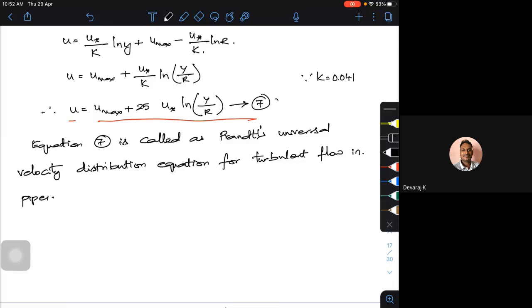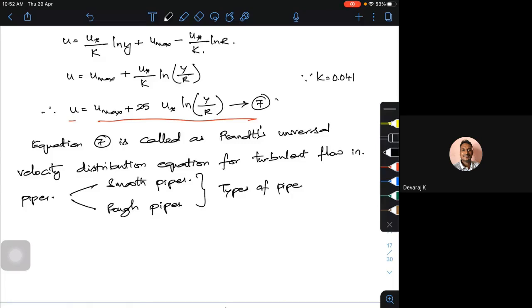This equation can be applied to both smooth pipes as well as rough pipes.